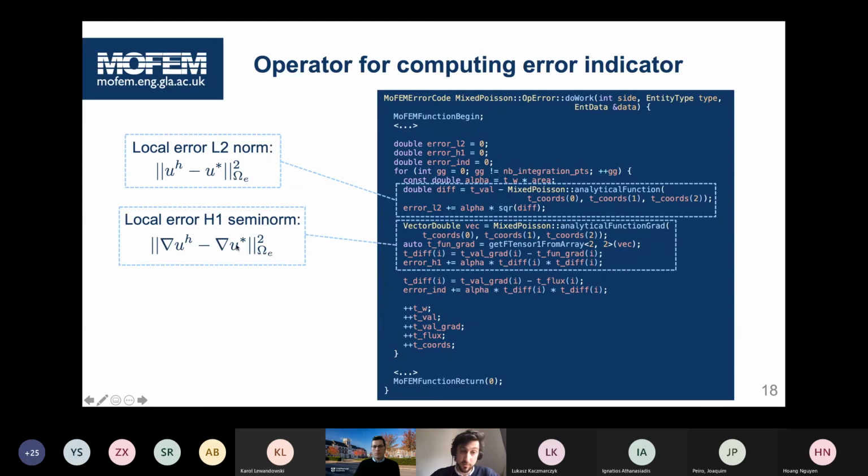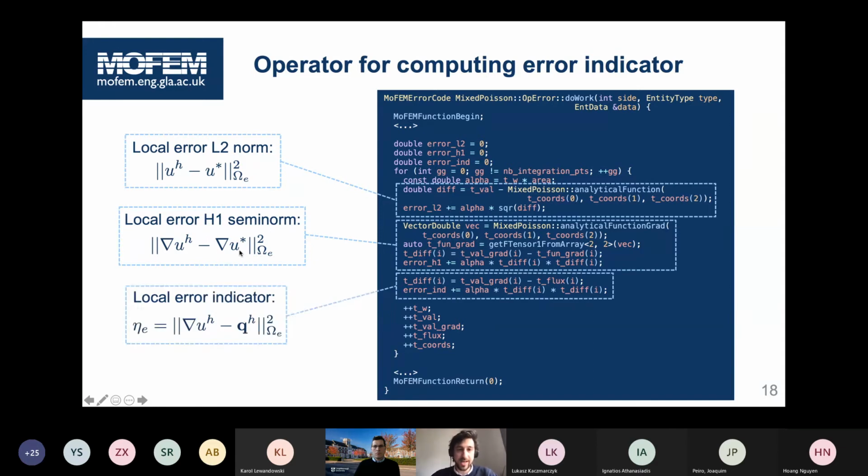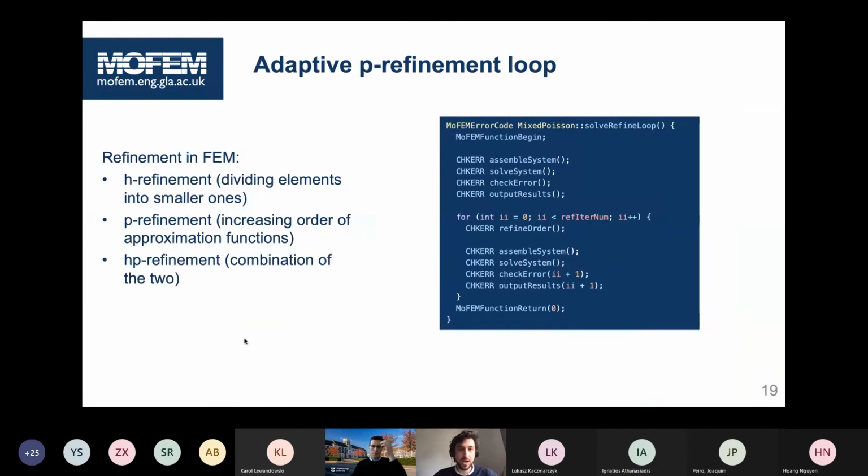That's the norm of the difference between the gradient of the numerical solution and the analytical one. And finally, the interesting part, the local error indicator, computed based on the gradient of the computed field U and the numerical field flux. So those indicators are saved on the mesh on tags in a similar way to how Carol was presenting, and also they are summed up over the whole domain.